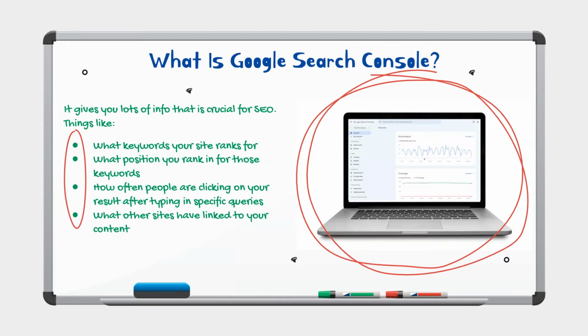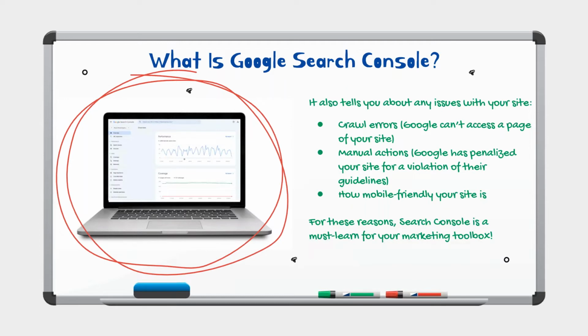So you can figure out things like what keywords your site ranks for, what position you rank in for those keywords, how often people are clicking on your result after typing in specific queries or keywords, and what other sites have linked back to your content. That's the high level of the SEO side of Search Console. The other side is it's also the way that Google communicates with you any issues that are going on with your website.